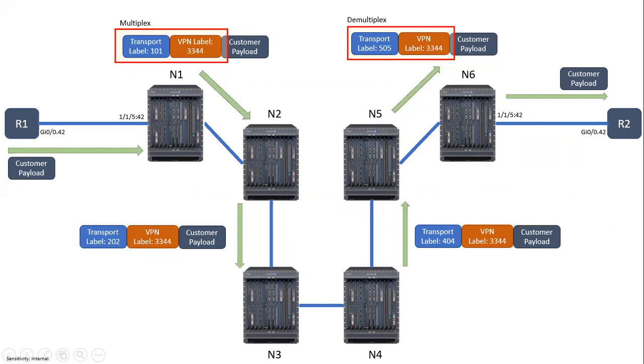So it behaved that way with our virtual private wire service. It behaved that way with our virtual private LAN service, and it behaves that way as well with our virtual private router network. That being the overall way a customer payload goes from site A to site B.